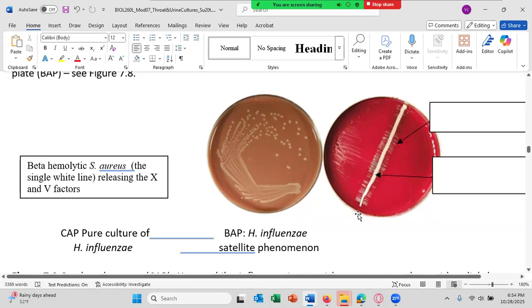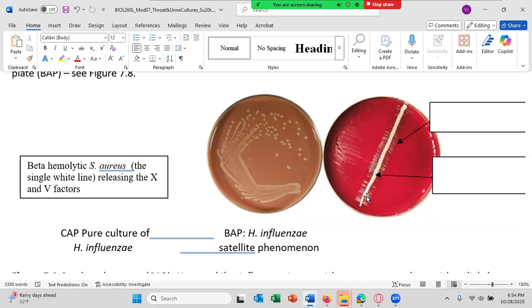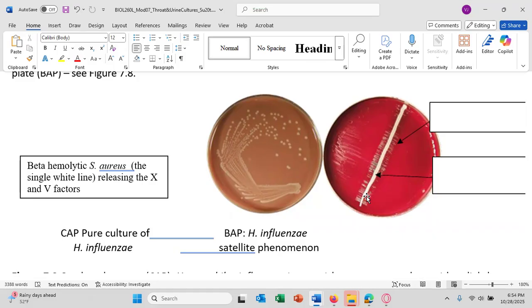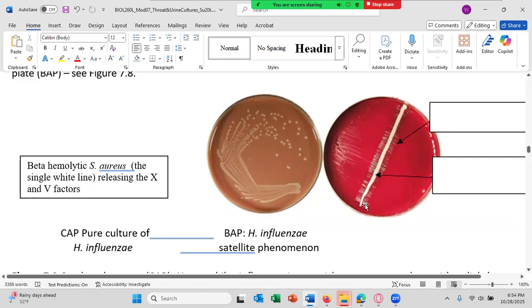Why it's growing here is because the Staphylococcus aureus can lyse the red blood cells, releasing the additives from the blood that Haemophilus requires, meaning NAD and hemin. And so the Haemophilus influenzae can grow in this region, but not in this region. And I don't know if that's streaked down here, not in that region either. Only around Staphylococcus aureus. Any question about that?